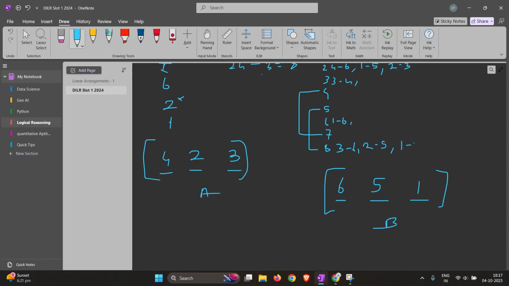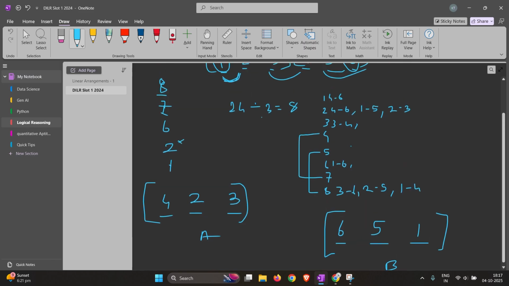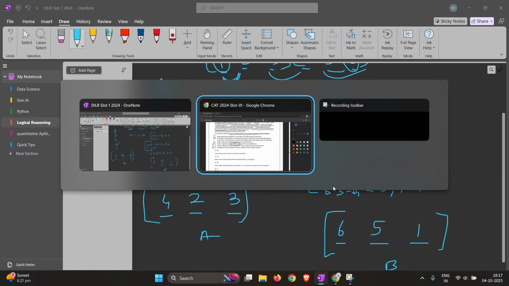That means 1 has to play 4 over here as well. So 1 played 4, 2 played 5, and 3 played 6. So now we know a lot about what the matchups were and also how the teams have been formed.